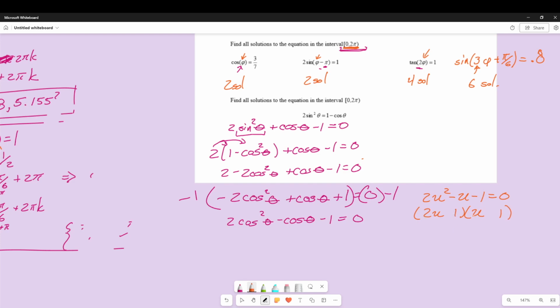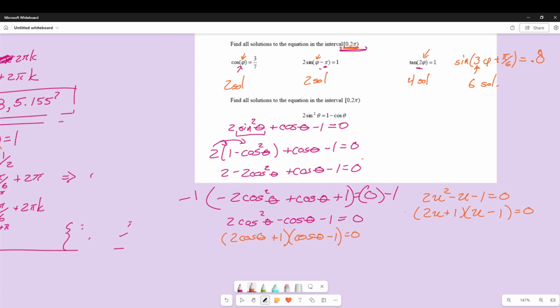We would need a negative 2u, so that's got to be negative, and a positive 1u, and then those would have to make a negative 1. So it does factor fairly nicely. That means that we could factor this into 2 cosine theta plus 1 times cosine theta minus 1.